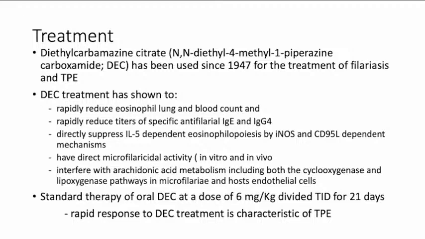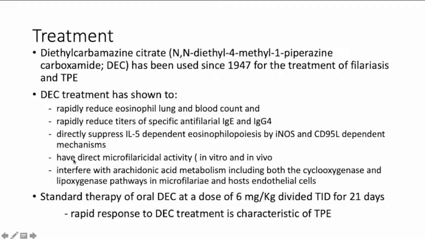So in terms of the things that DEC is able to do, the treatment has been shown to reduce the eosinophil lung and blood count. So the levels of eosinophils in the blood and in the lungs are reduced. It's able to also reduce the titers of specific antifilarial antibodies, IgE and IgG type 4.